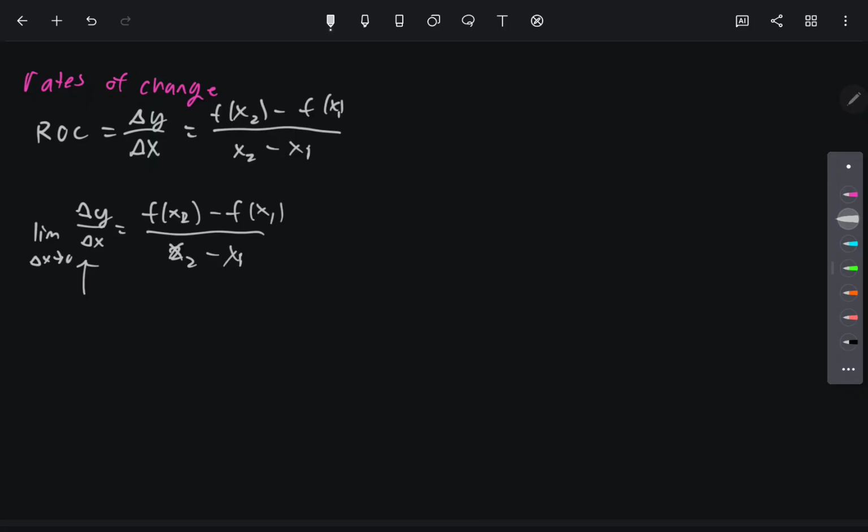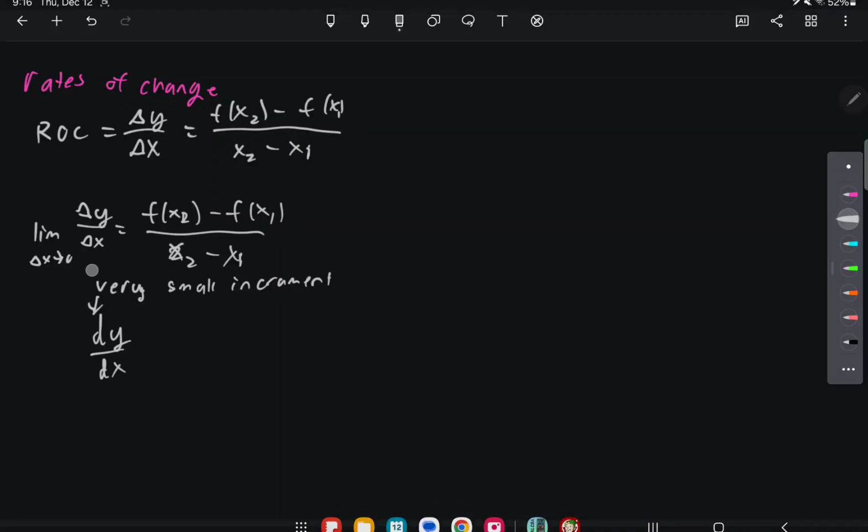Because this notation is really the basis of the dy/dx. And what does this really mean? These d's really represent a very, very small increment, but it still has the original variables in it.